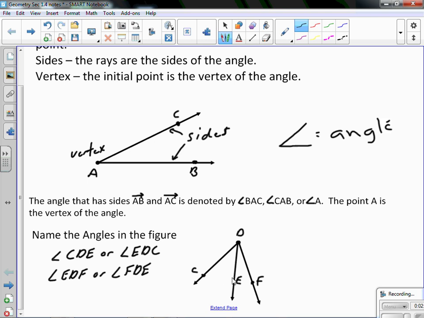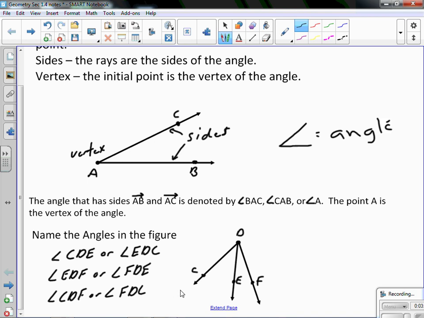And so we have those two angles side by side, and then we actually have one big angle that makes up those two angles. So angle CDF. Or we can call that angle FDC. Now, one thing to mention here, notice we used all three letter namings here. We didn't use a single letter.